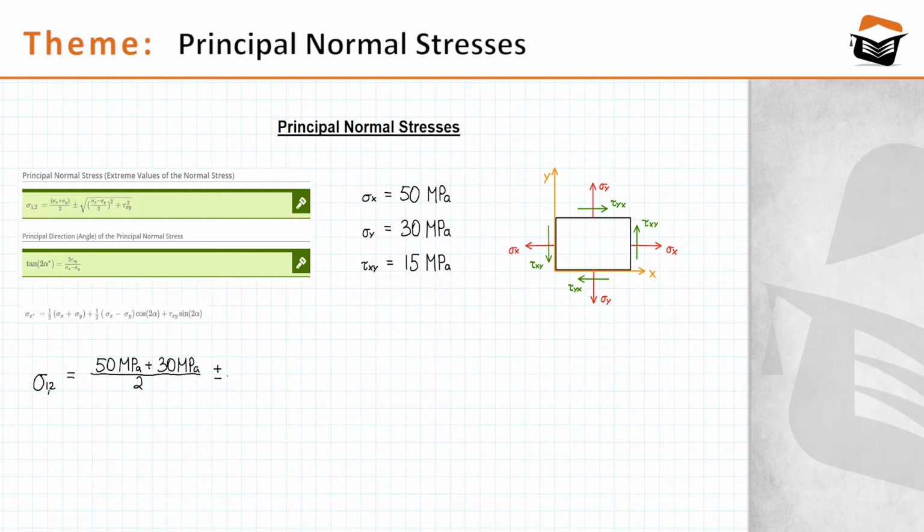Plus minus the square root of sigma x, which is 50 megapascal, minus 30 megapascal, divided by 2, and the whole thing squared, plus 15 megapascal squared.